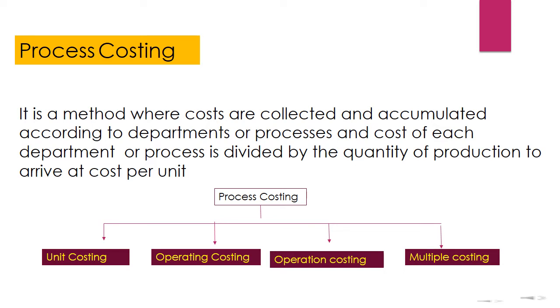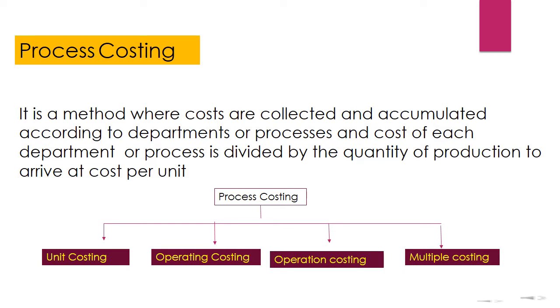In operation costing, this is a refinement and more detailed application of process costing. This involves costing by every operation instead of a process. This is used where the manufacturing process consists of a number of distinct operations.